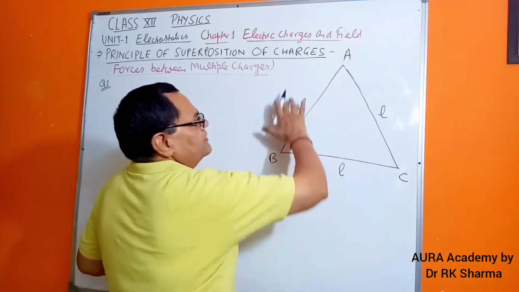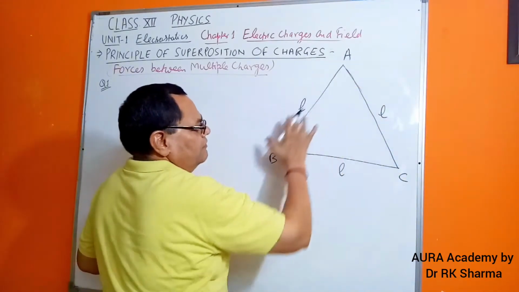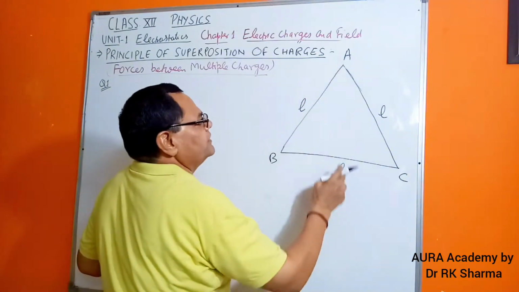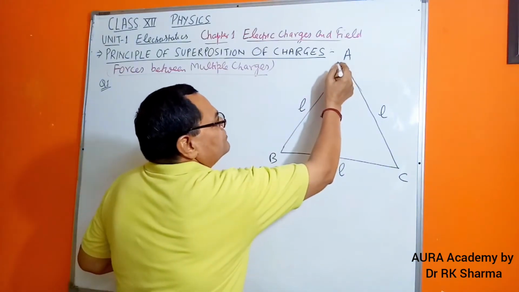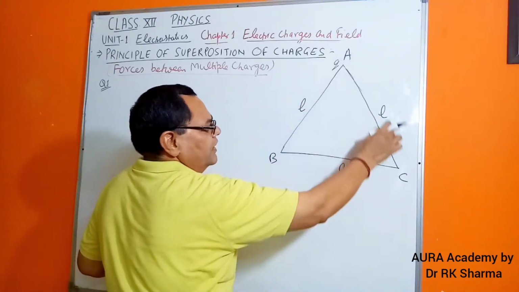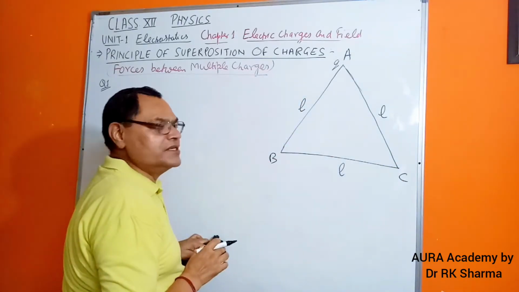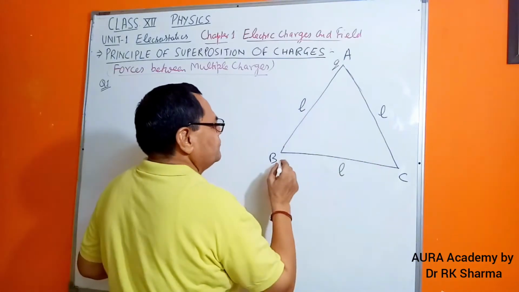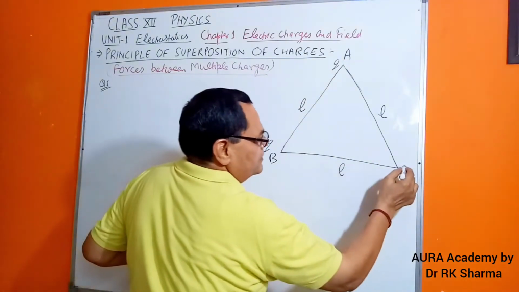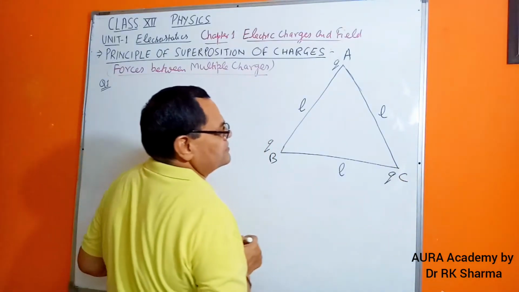Now the question says, there is an equilateral triangle of side L, that is ABC. Now some charge Q is placed at each vertex of this triangle. So let us say here is the Q charge, here is the Q charge, here is also the Q charge.